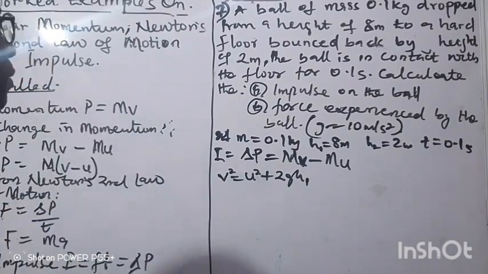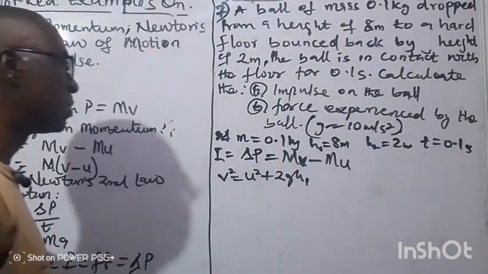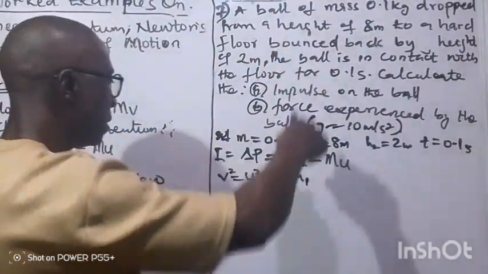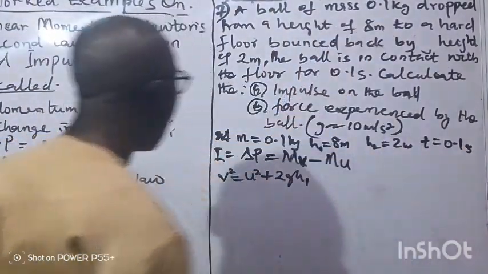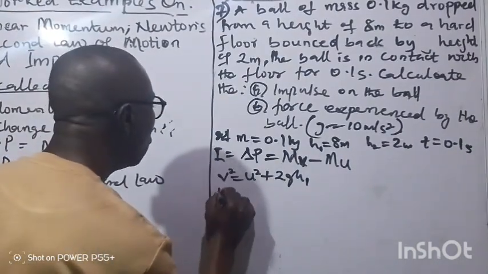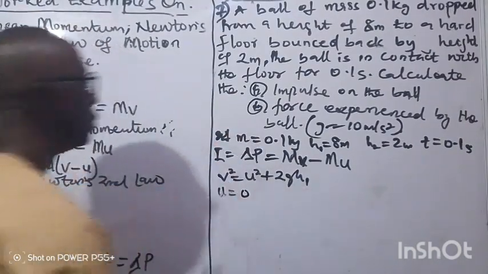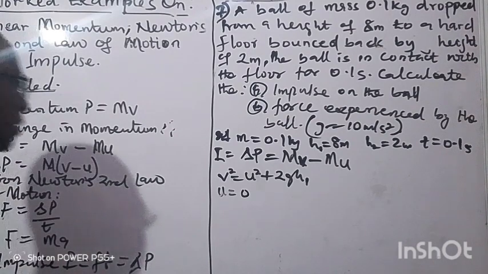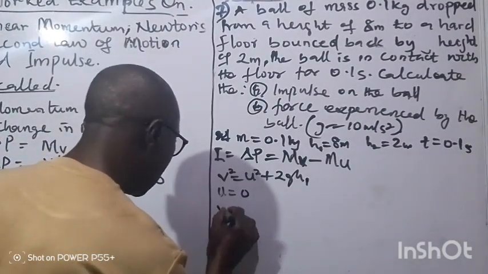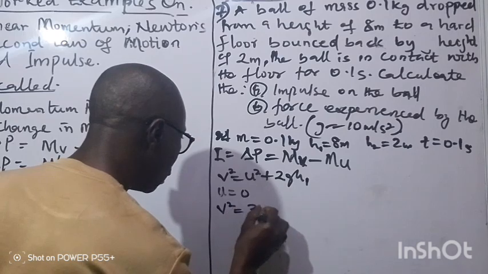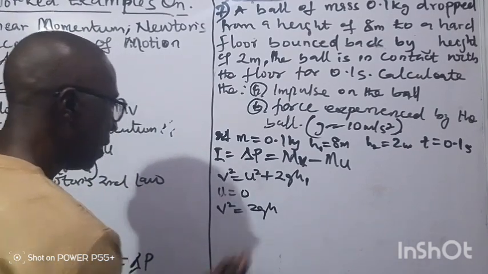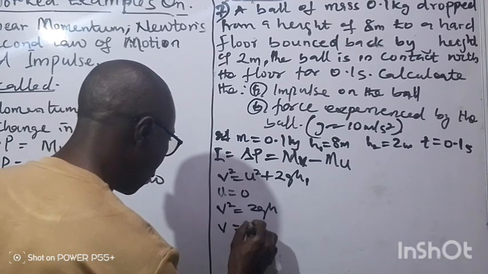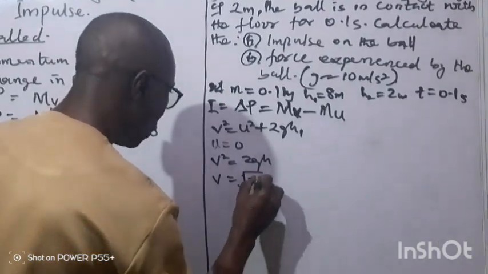So let's continue. When it is dropped from this height, u at that particular point is equal to 0. And if u is equal to 0, we are left with v squared equal to 2gh. h is already given, g is already given, so we can say v is equal to the square root of 2 multiplied by 10 multiplied by 8.